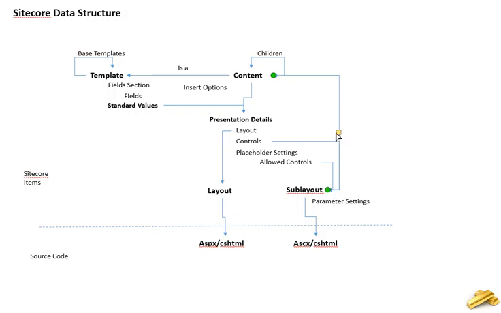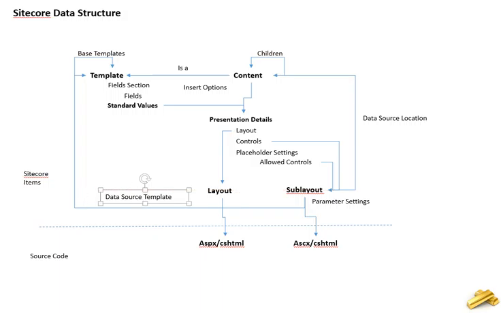This is called data source locations. Another thing is you can specify a type of data source template allowed for this specific sublayout. This points to the data templates, and this is called data source templates.